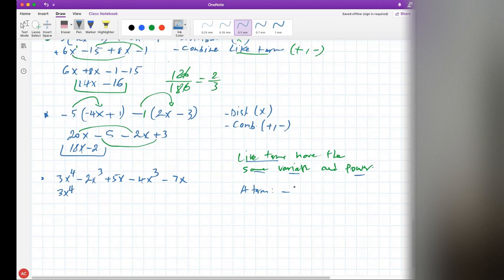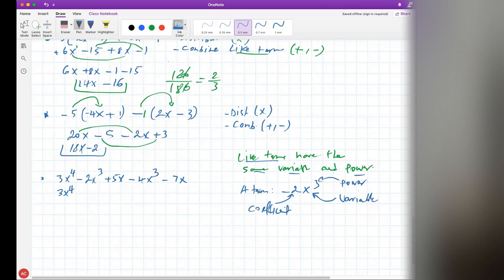So a term again is made of these three things. The leading number here is called the coefficient. It could be positive, it could be negative. The second thing here is of course the variable itself. It could be x, y, z, whatever. And of course, the exponent or the power.